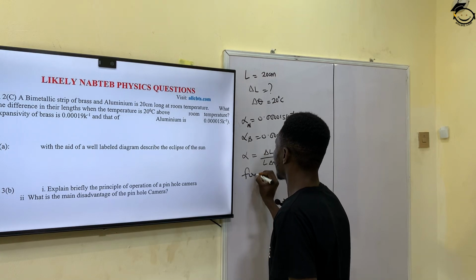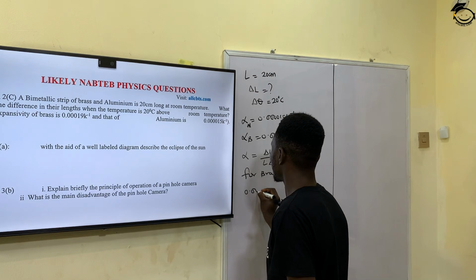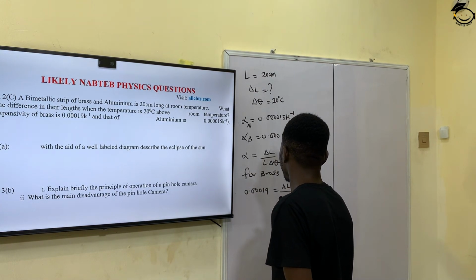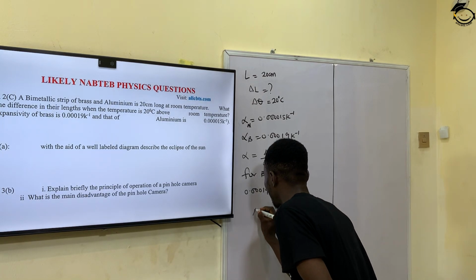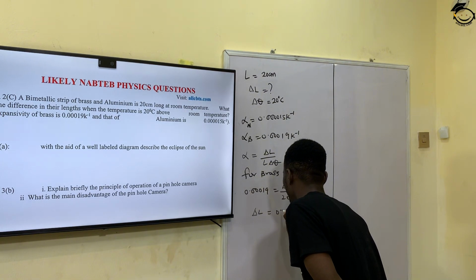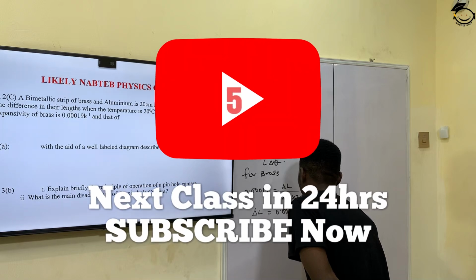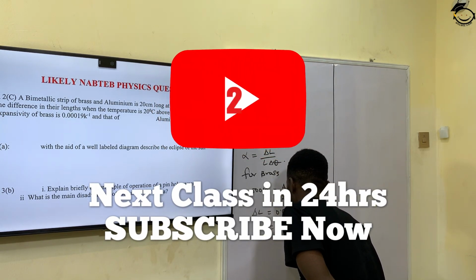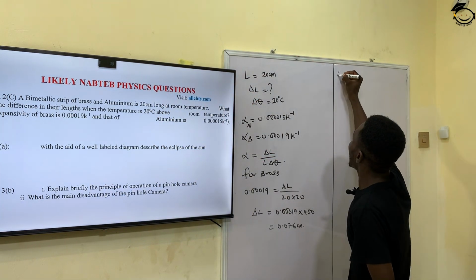So for brass, I'm going to have 0.00019 is equal to change in length all over 20 times 20. And that will give me that my change in length is equal to 0.00019 times 400. And that will give me 0.076 centimeters.